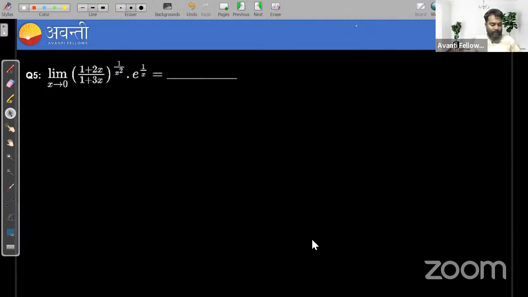What it is asking in the question is to find the limit, right? Okay, let's see. I am giving you options. Options are 3. Second option is 4. Third option is 2, and last option is 1. Right?